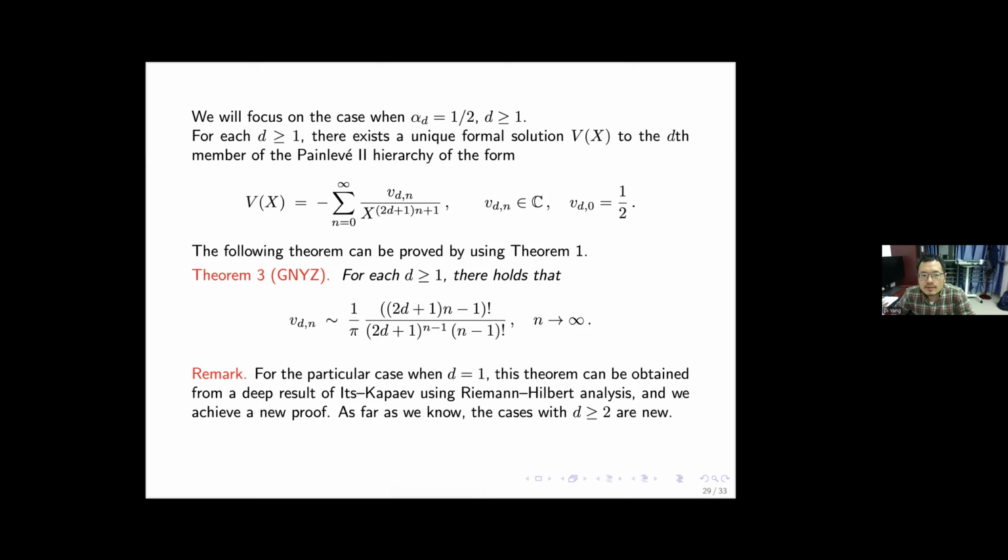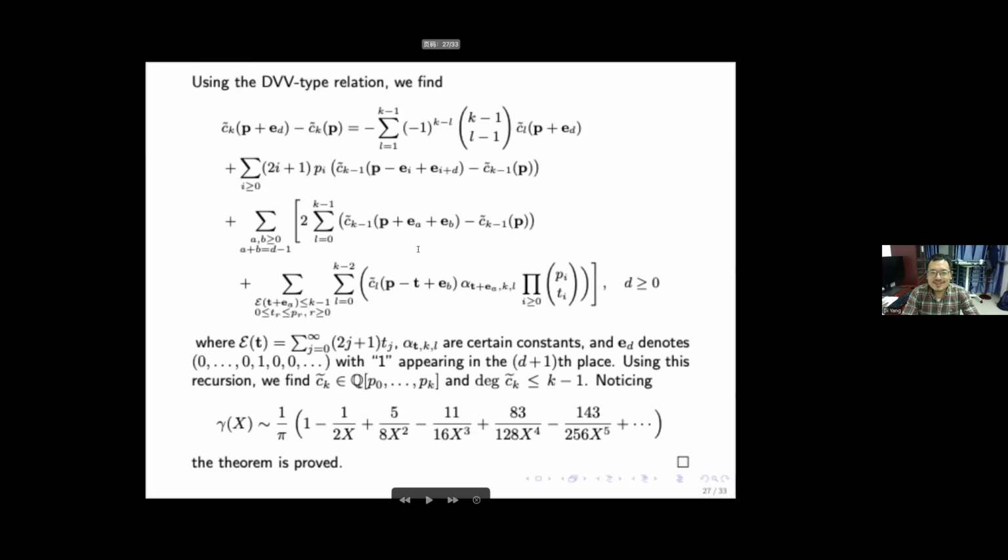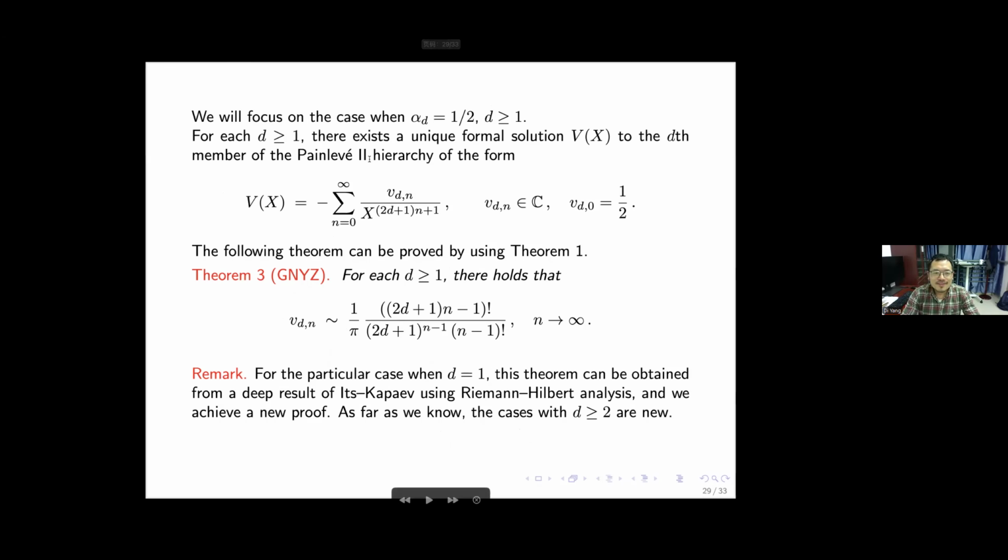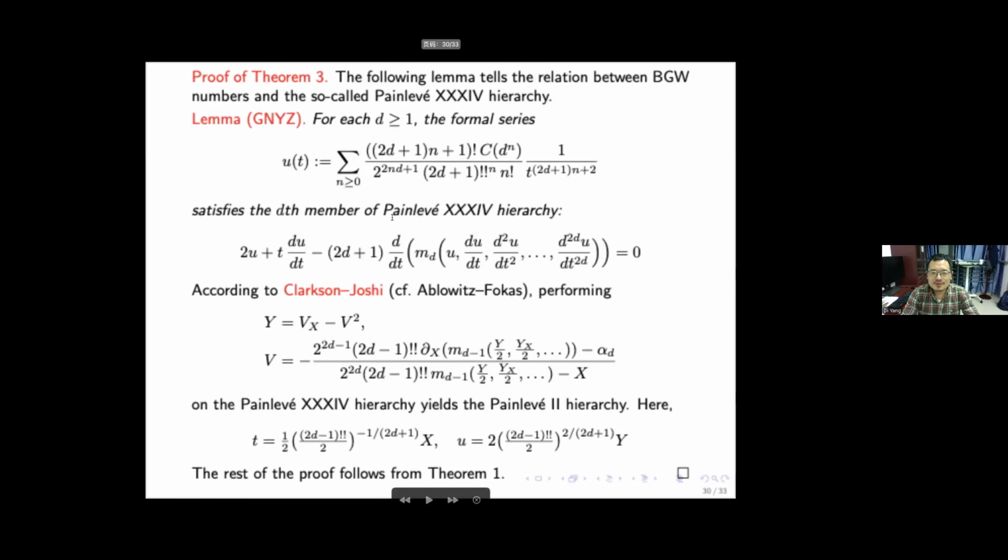But in both Painlevé-1 and Painlevé-2, for us, the coefficients are related to the BGW numbers or to the Witten-Kontsevich numbers. In the Painlevé-1 case, it relates to Witten-Kontsevich numbers with all powers equal to 2.